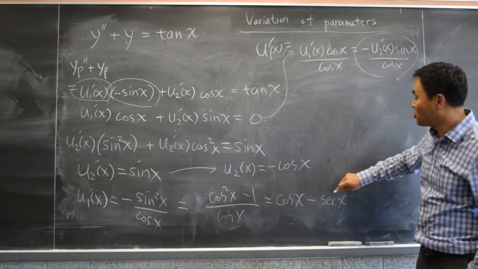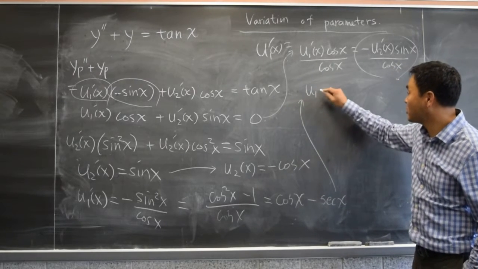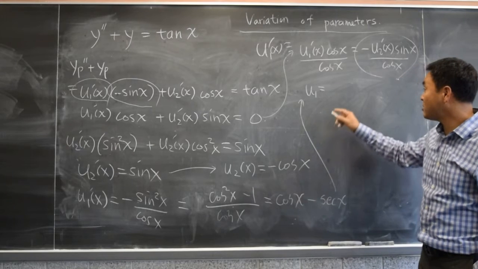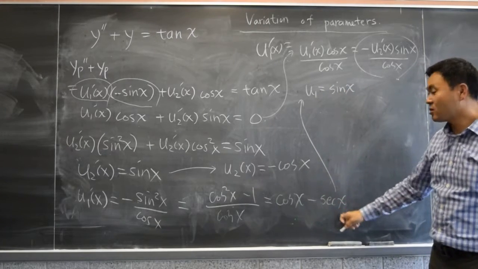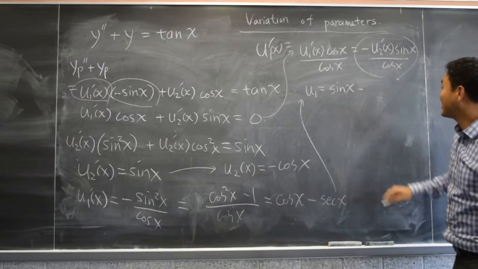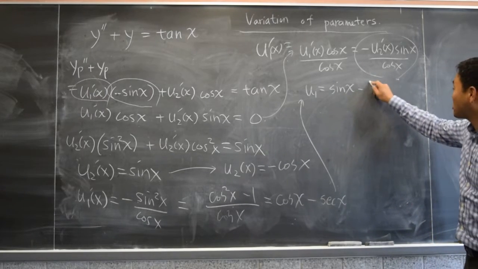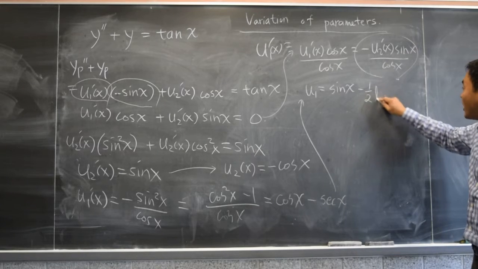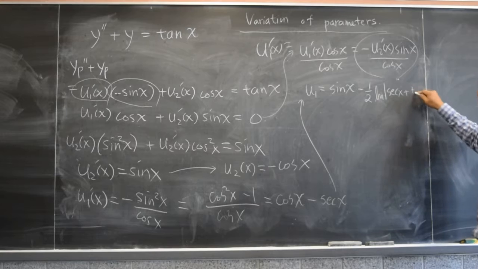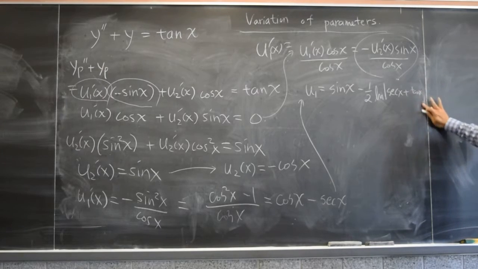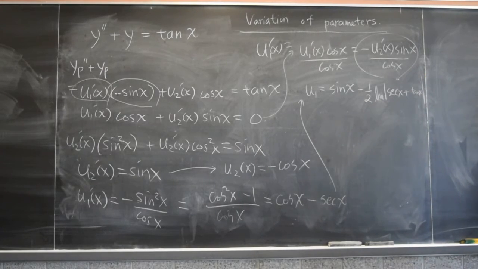So what does that mean for u1 itself? The integral of cosine is sine. And the integral of secant x, I doubt anyone remembers this, is 1/2 ln of the absolute value of secant of x plus tangent x. This is something that you did in Calc 2.